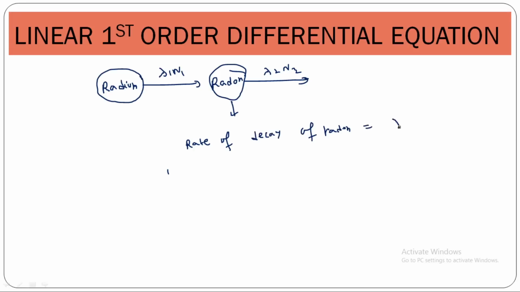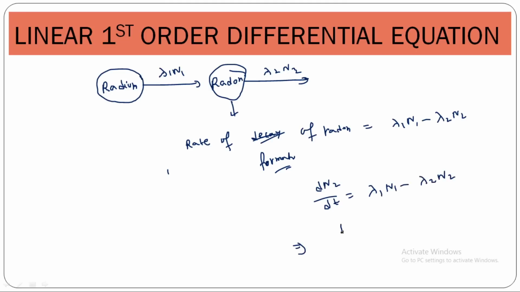Lambda 1 n1 is the rate of formation and lambda 2 n2 is the decay, so the resultant is lambda 1 n1 minus lambda 2 n2, and this is equal to dn2 upon dt.